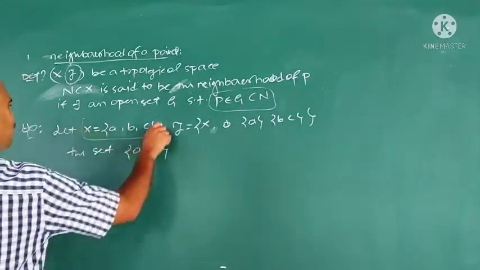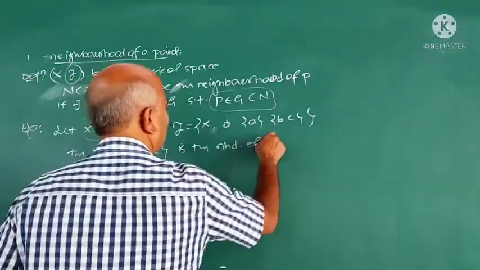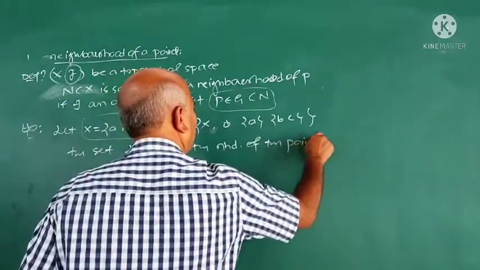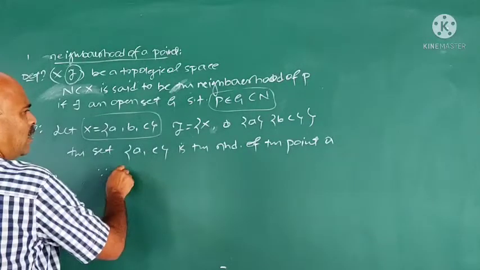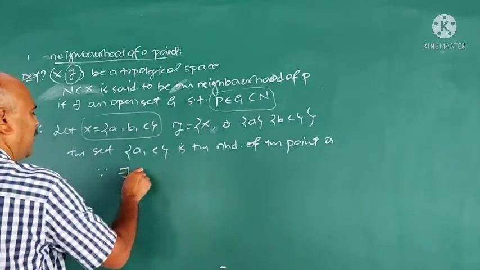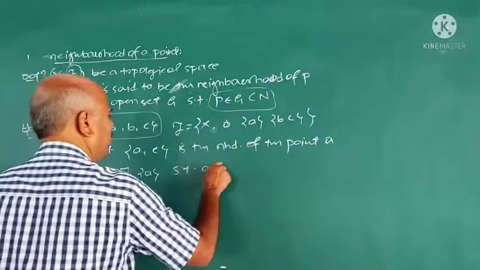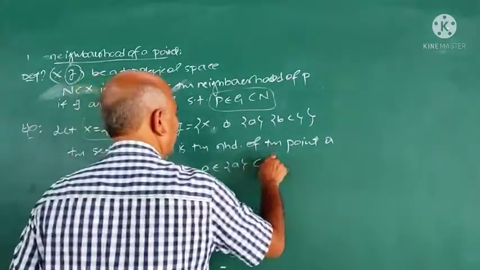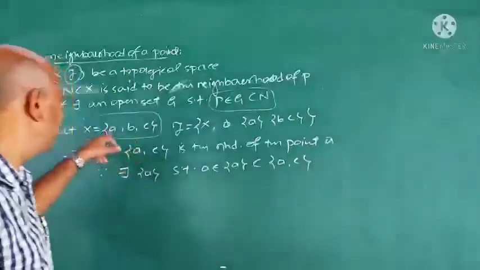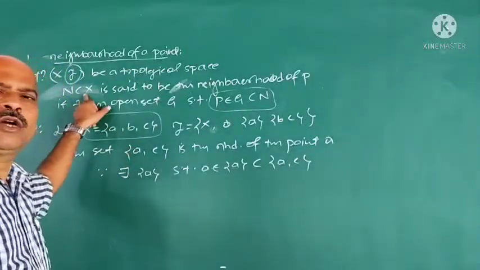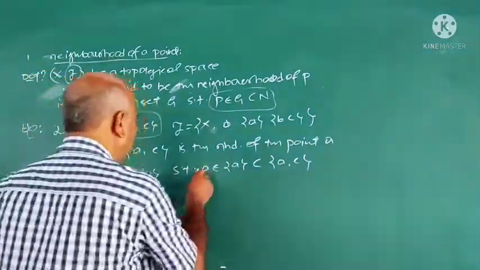It is a subset of X, and it is the neighborhood of the point A. Because why is it the neighborhood of the point A? Because there exists an open set {A}. Say {A} is here, it is called an open set. Say that A belongs to the singleton set {A}, which is contained in AC. Therefore, this AC, a subset of X, is called the neighborhood of the point. AC is a subset of X and it is the neighborhood of the point A.